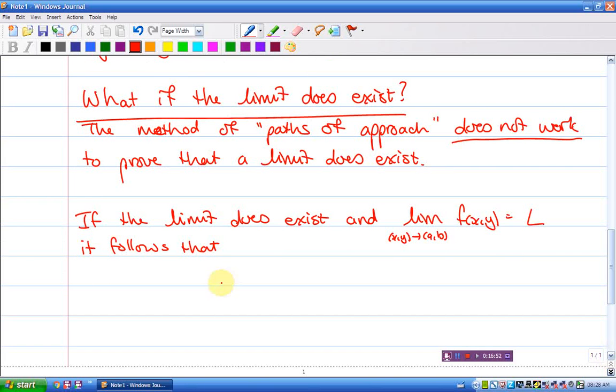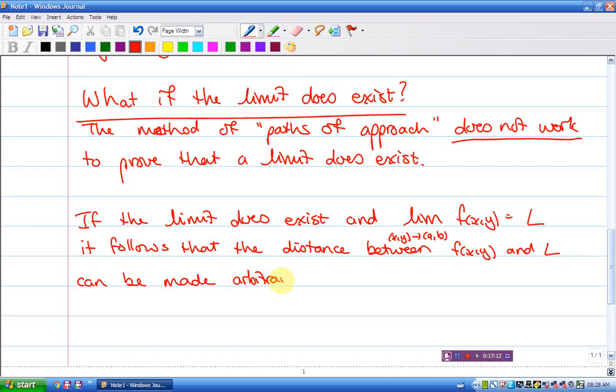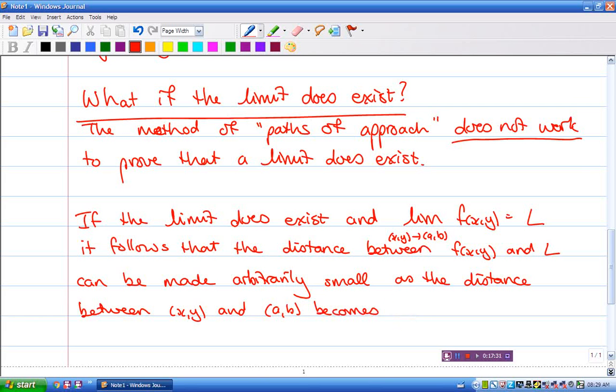It follows that, I think you'll agree, the distance between f(x,y) and L can be made arbitrarily small as the distance between (x,y) and (a,b) becomes sufficiently small.